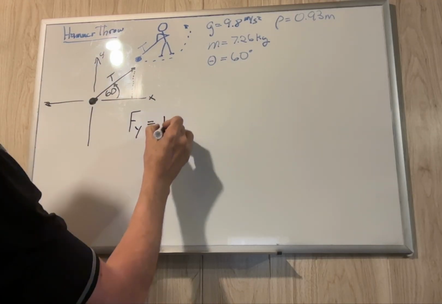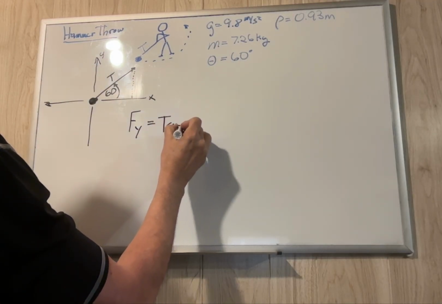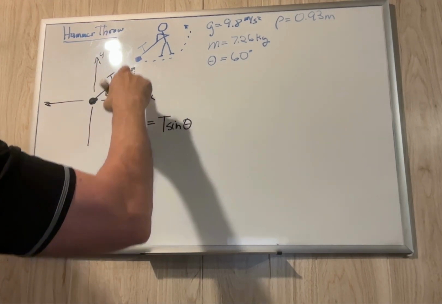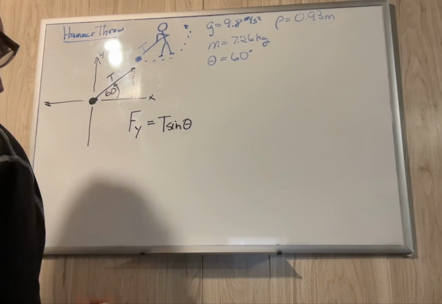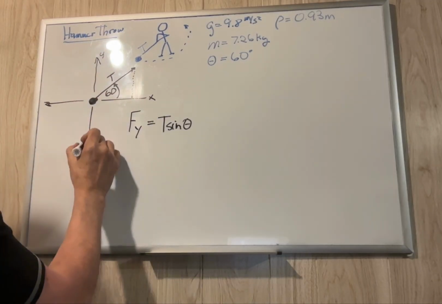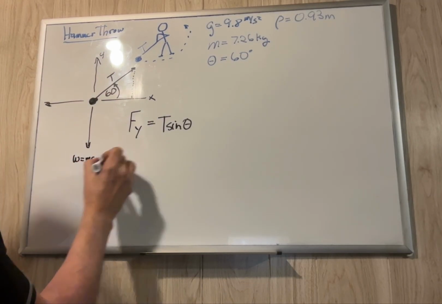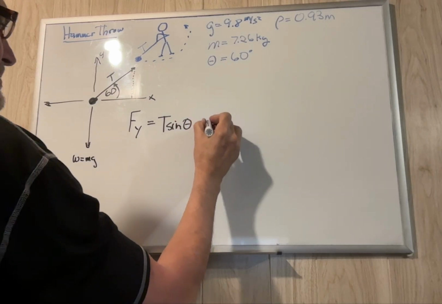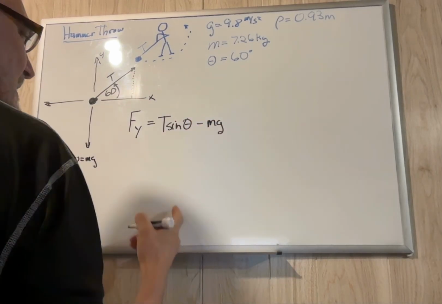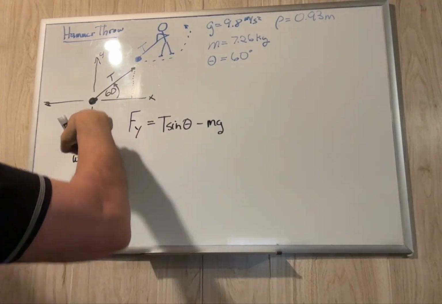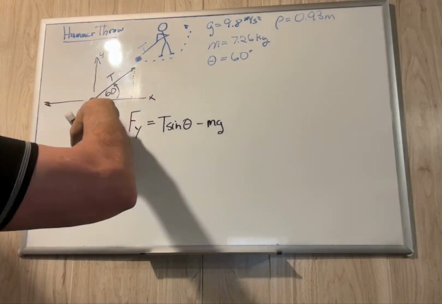So tension times sine theta is one force in the y direction. The next force in the y direction is the weight, which is mg. So we subtract out the weight, mg, and that's all the forces we're identifying in the y direction. There are no other forces taking place.